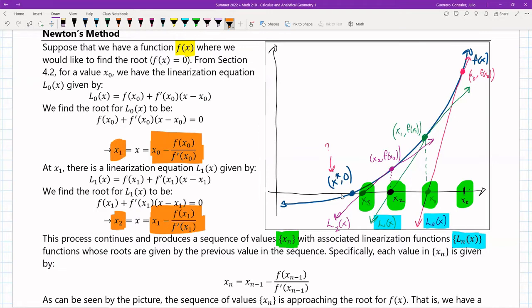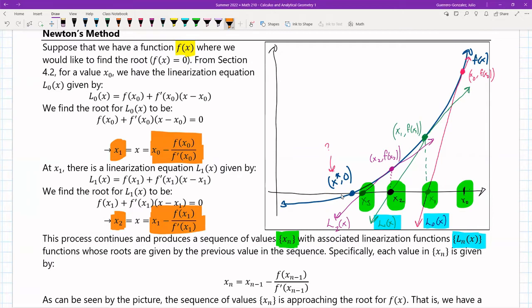So x1 is based solely off of values from x sub 0, right? x2 is based solely off of values of x1. So it keeps going. x3 is going to depend on values from x2. x4 is going to depend on the values from x3, so on and so forth.